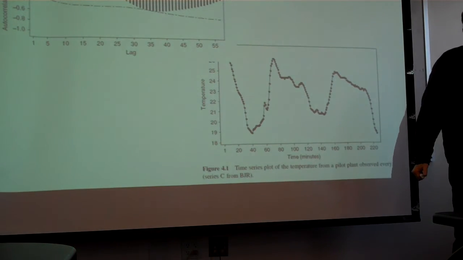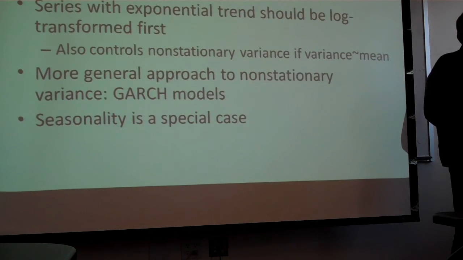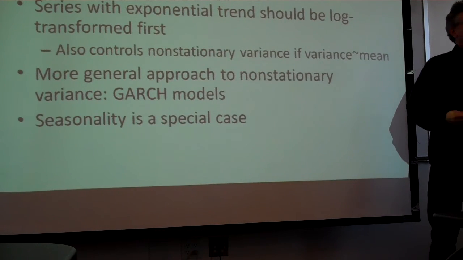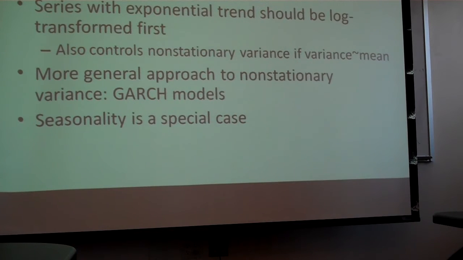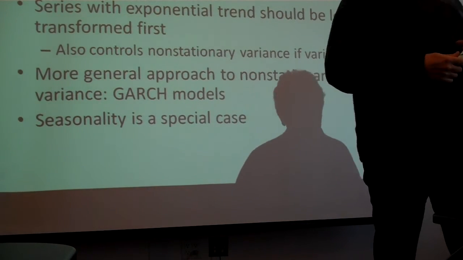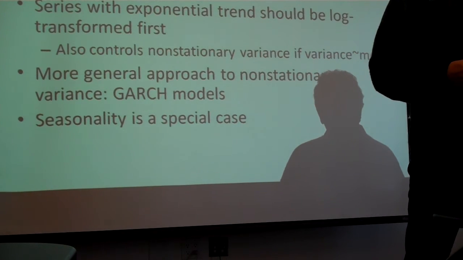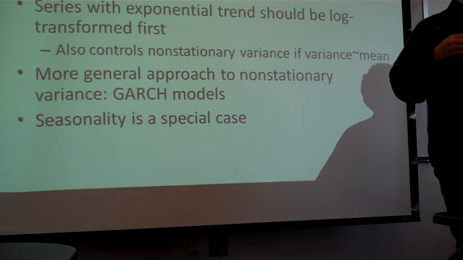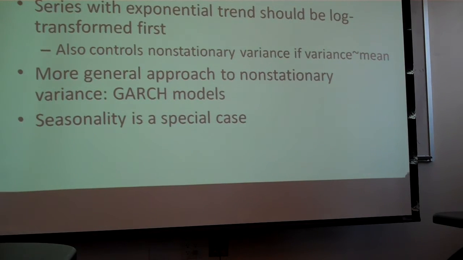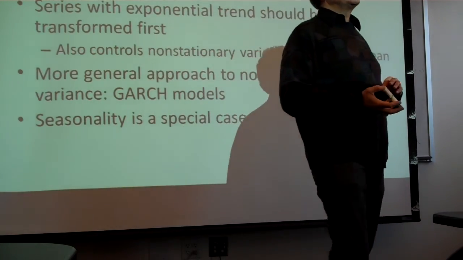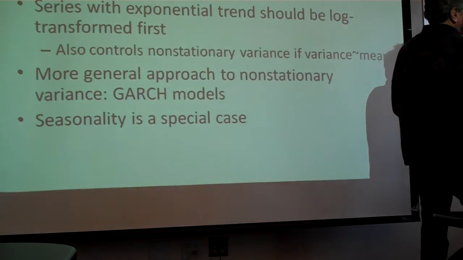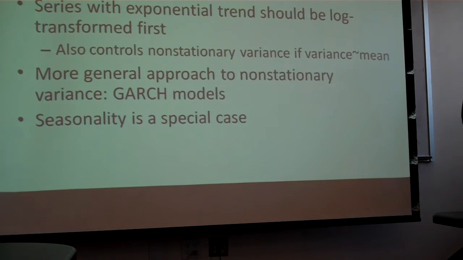So what are the solutions? The standard solution is differencing. Instead of analyzing Zt, you analyze the difference between Zt and Zt minus 1. So we create a new variable, which is the changes in Z. A single difference often will get you what you need.